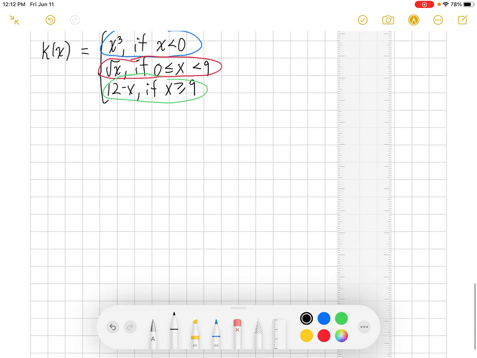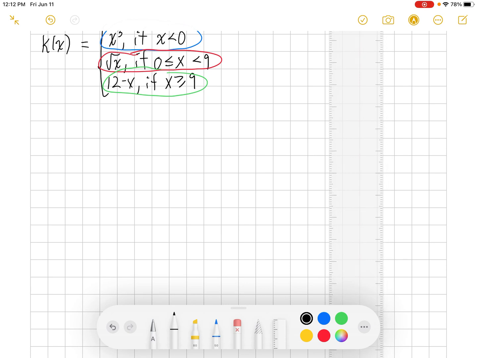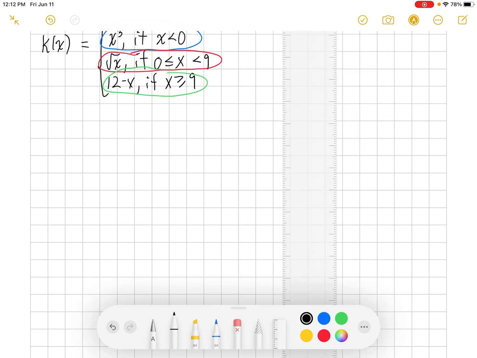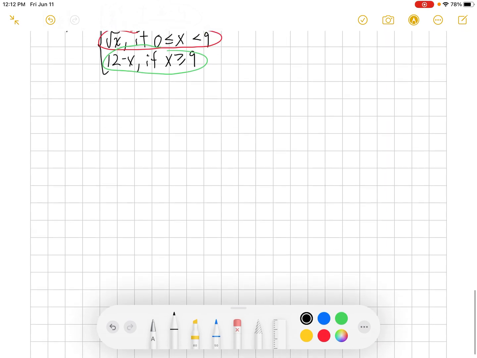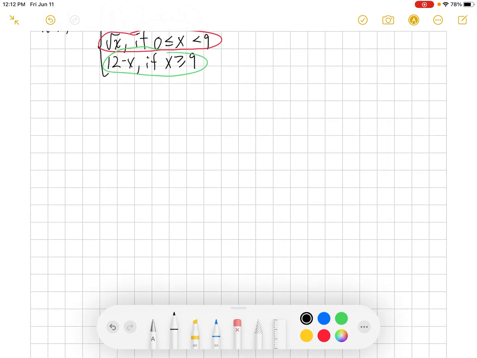Let's see, how big do I need this? I need this one pretty big, I think. I think this should be good.